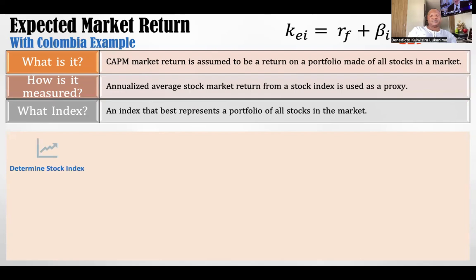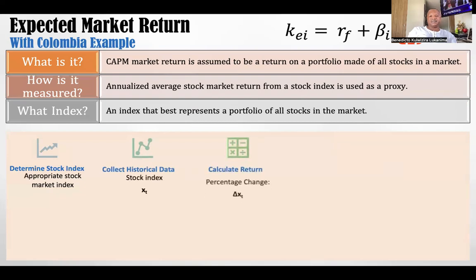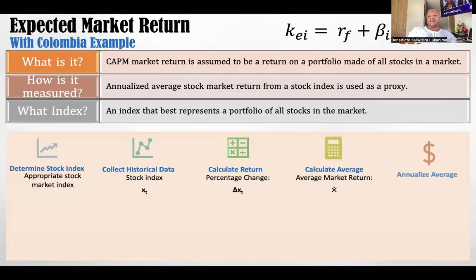So the process will start by determining the stock index, collecting historical data for the index, calculating the return for the index, that is the percentage change, calculating the average return for the index, and finally annualizing the average to determine the expected market return for the purpose of CAPM.